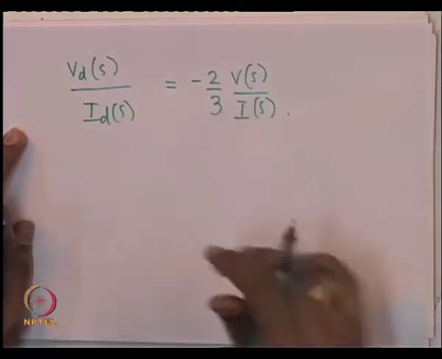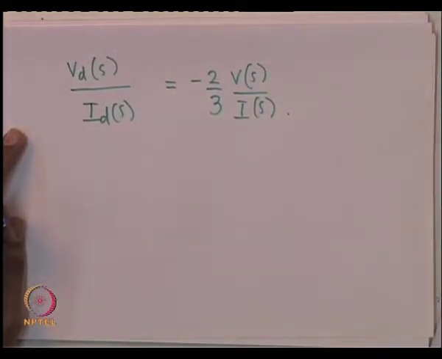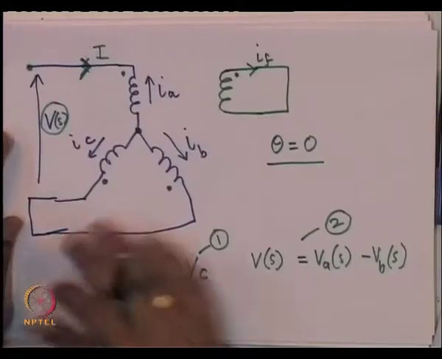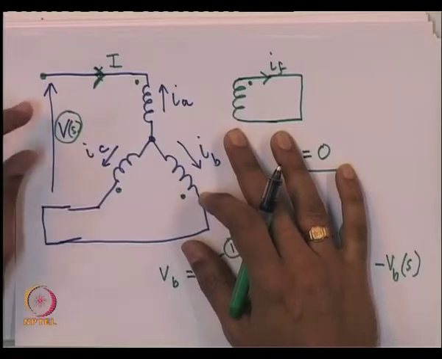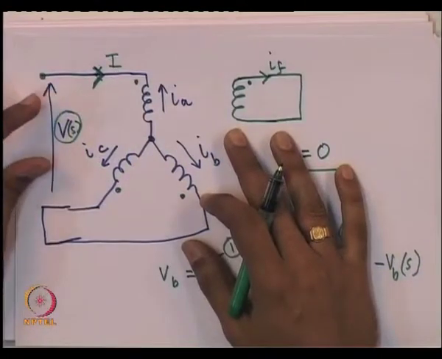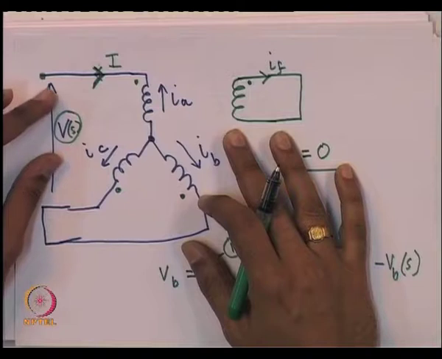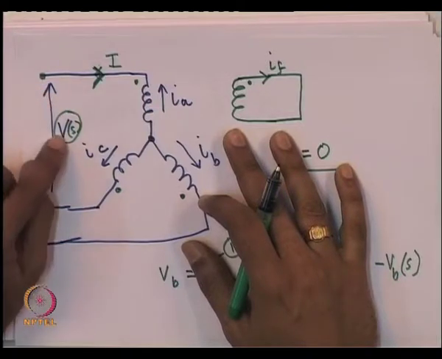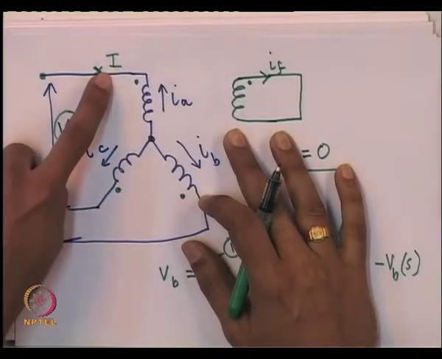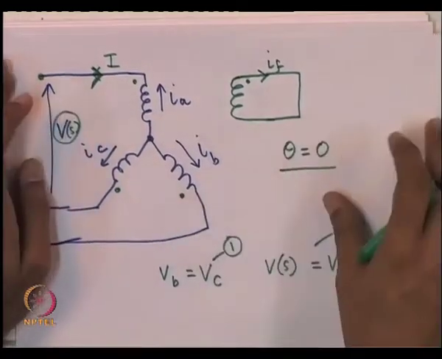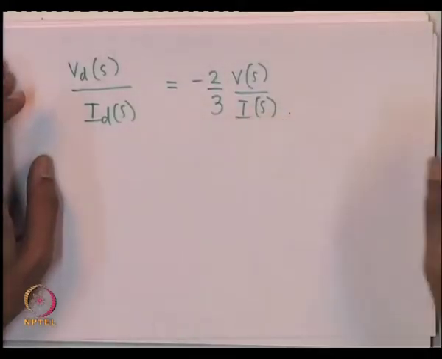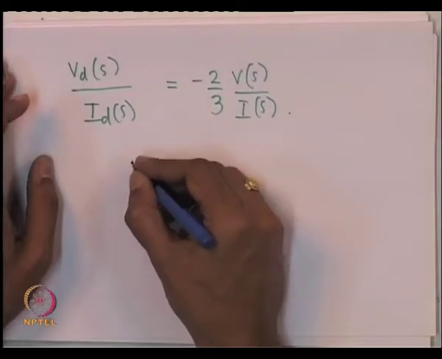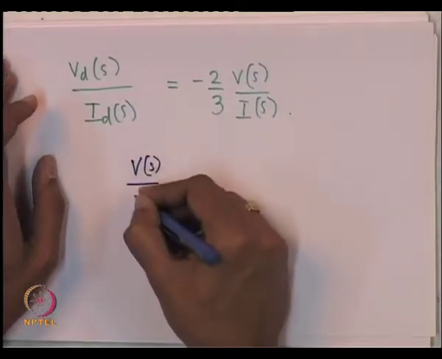So, what we will do is, in this test setup, I will apply a voltage V and obtain the current I. I will do this for various frequencies of the applied voltage. So, we will get some kind of frequency response V s by I s.